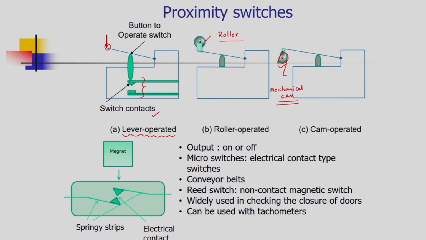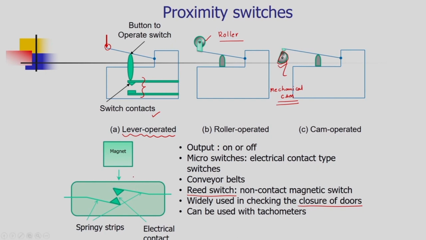One more useful switch which is used in conveyors, and that is the reed switch, which is used in checking the closure of the doors for the safety operations. That is the reed switch. So reed switch is having an electrical contact, and the normal position of this contact is open. So there is a magnet.